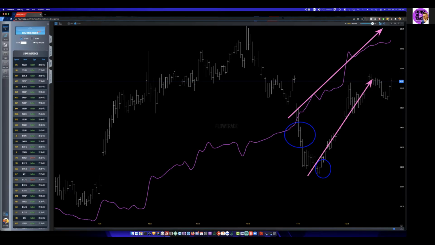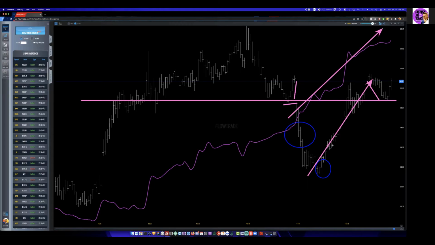Even though we had a little bit of a retracement to this level here, which I bet you when we pull it up on the chart is going to be a level of support or previous resistance. There was a gap down here.